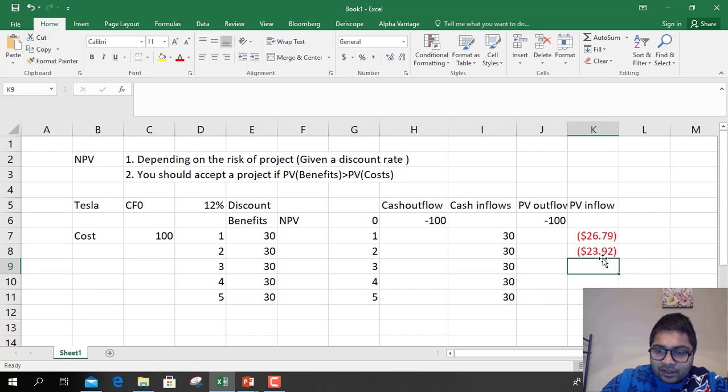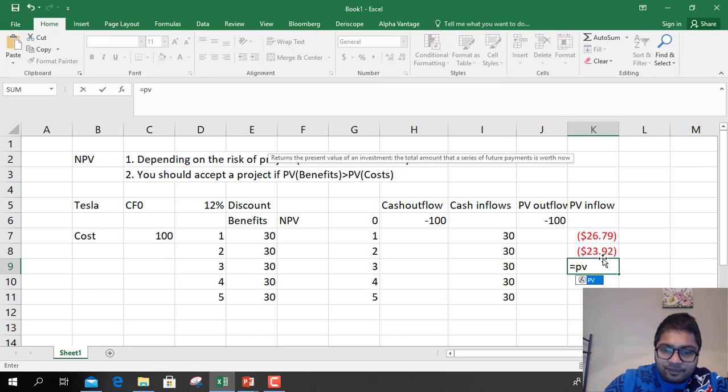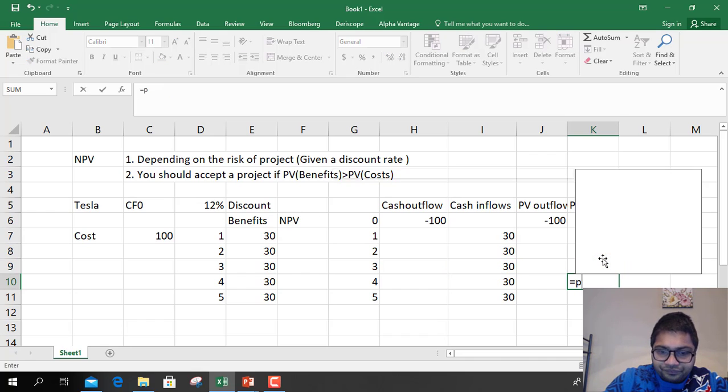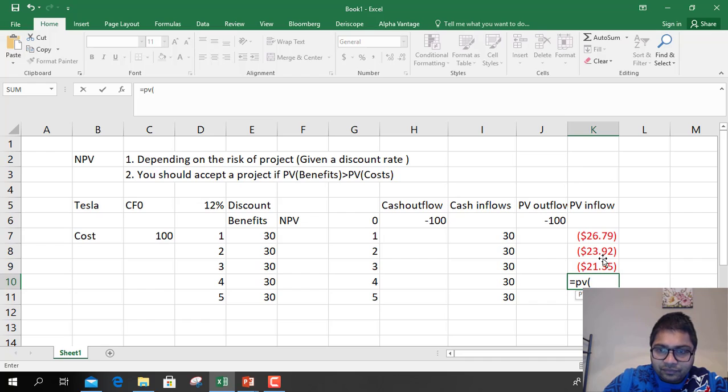Okay, next present value, rate 12%, cost of capital, N per 3, payments 0, future value 30. PV, rate 12%, N per 4, payments 0, future value 30.